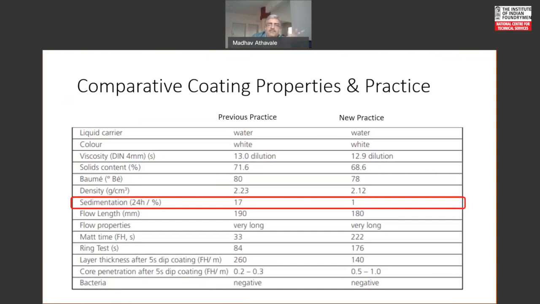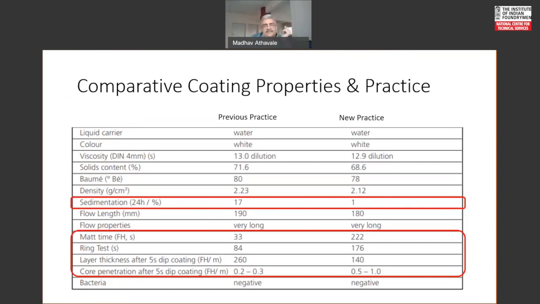Their earlier formulation used to have 17% separation, while the new formulation had excellent suspension, so just 1%. Flow lengths were very similar, so flow properties were the same. But look at the big difference in the mat time. That allows for leveling of the coating. So earlier the mat time was much faster, 33, against a new practice which is 222.